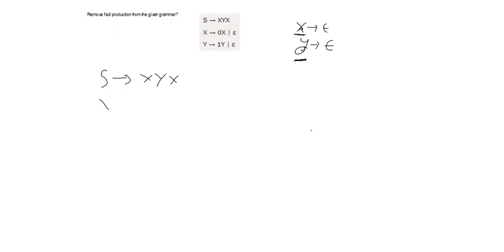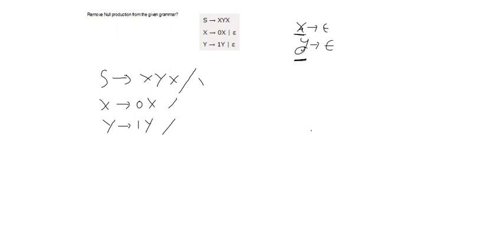Then X implies 0X. We will not write a null. Okay, Y implies 1Y. That null we will not introduce. So after getting this grammar, after removing null production directly, we will consider null producers on the right hand side and assume that they are null. In the first production rule, S implies XYX, assuming that the last X is null, what will you get?